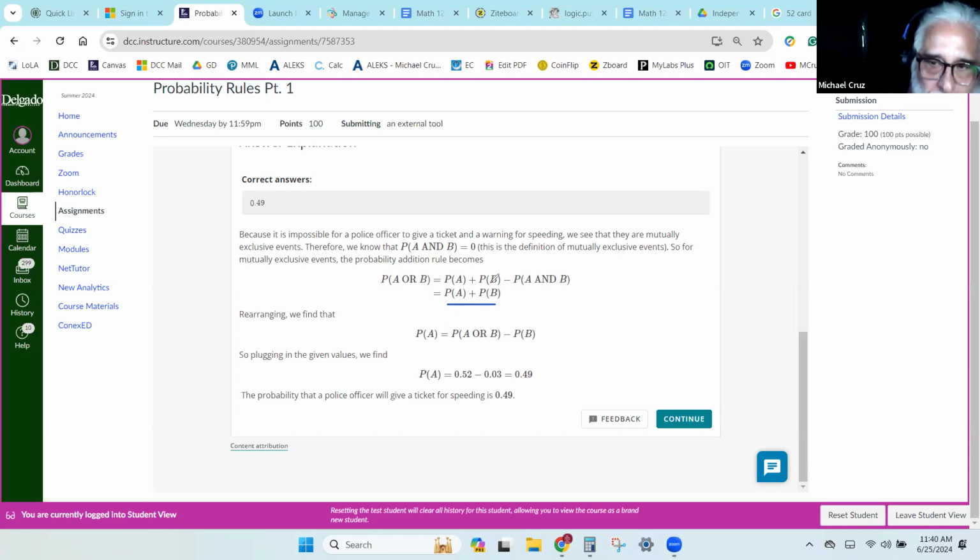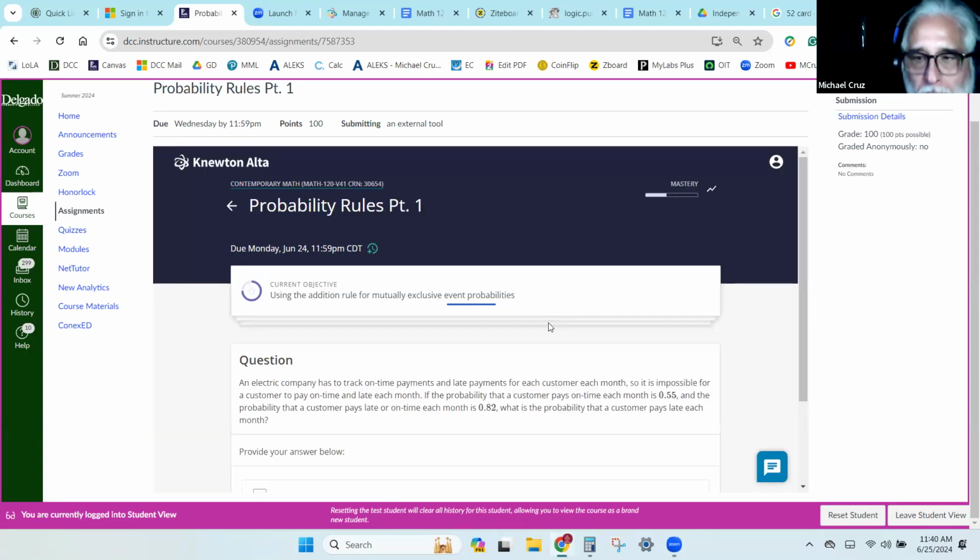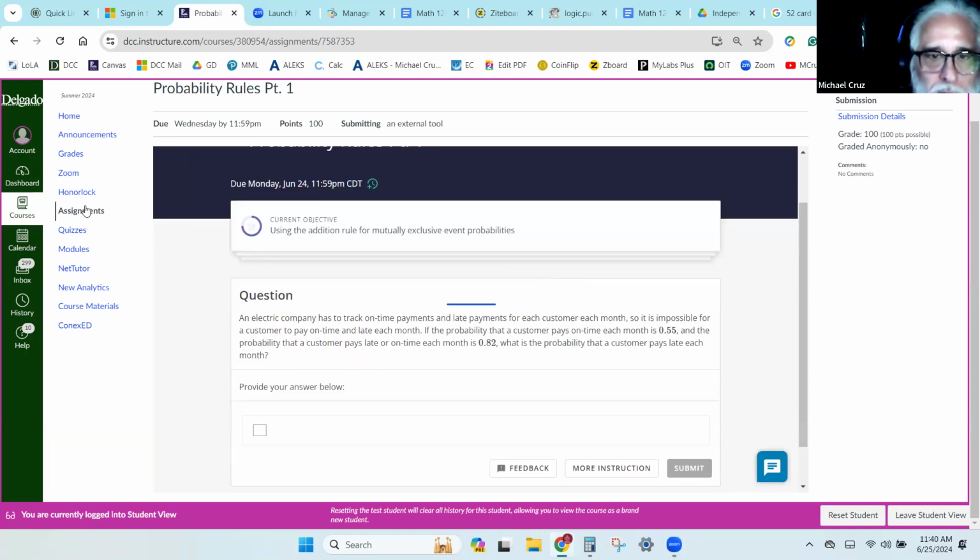They solved it for A by subtracting the B from both sides, and it goes away on this side, but over here it just attaches to the A or B. So now you just subtract the 0.03 from the 0.52. But with these, there's always more than one way to handle it, because when you've got an equation, you can go either side when you simplify it.